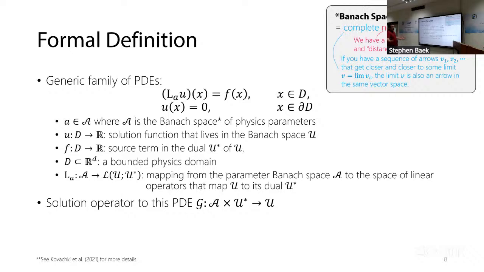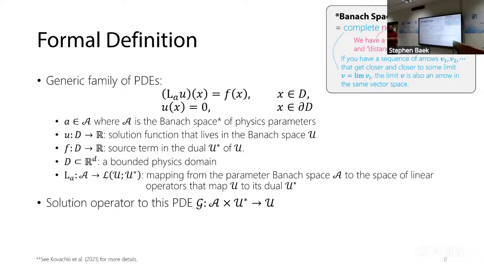So the solution operator to this PDE is obviously a mapping G, okay? A mapping G that sends from A cross U star. A, again, is the parameter Banach space, the space of physical parameters. And then U star is the space of f of x.